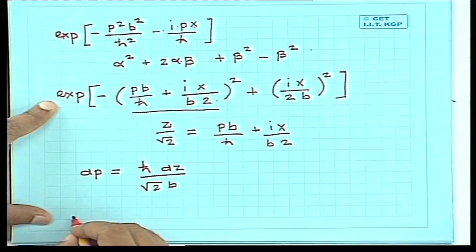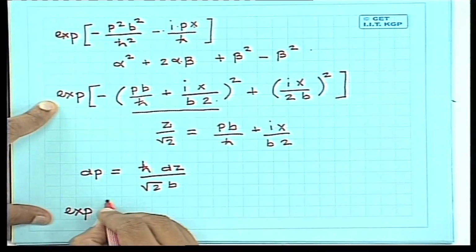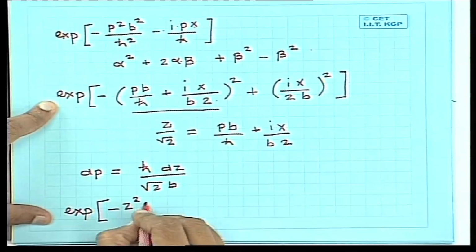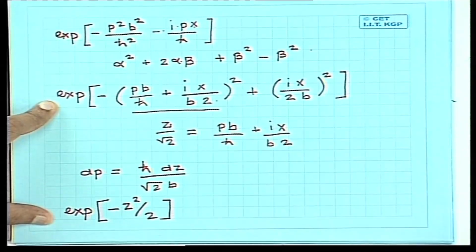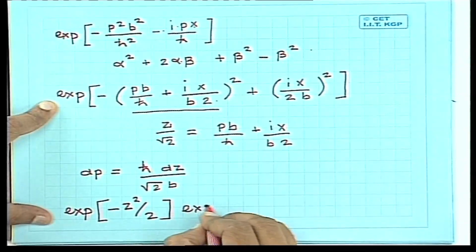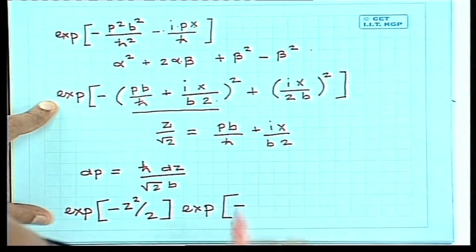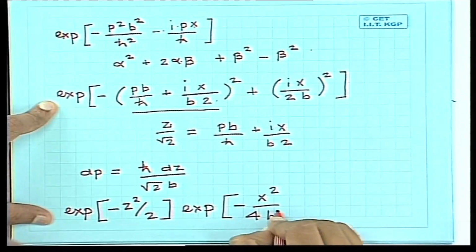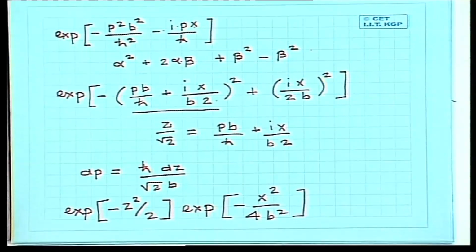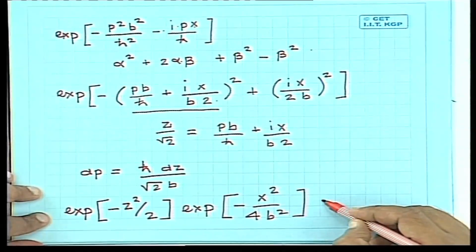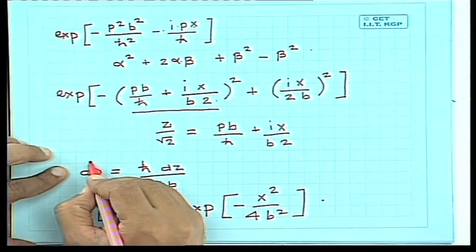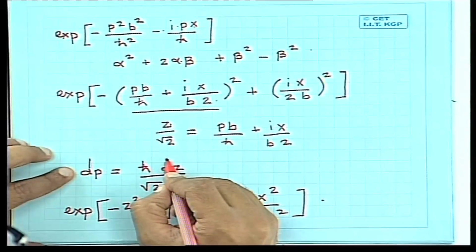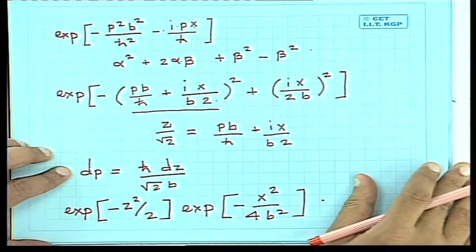And this exponential becomes exponential minus z squared by 2 into exponential minus, if you expand this, you get minus x squared by 4b squared. So this whole thing over here is the same as this, and the integral over dp we can write in terms of dz to be h cross dz by square root of 2 into b.